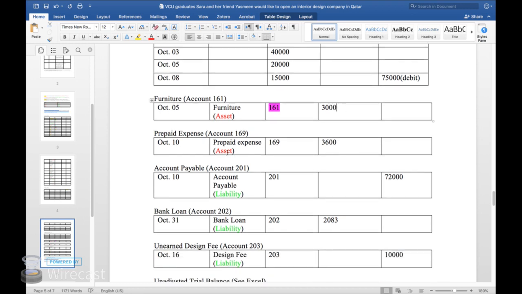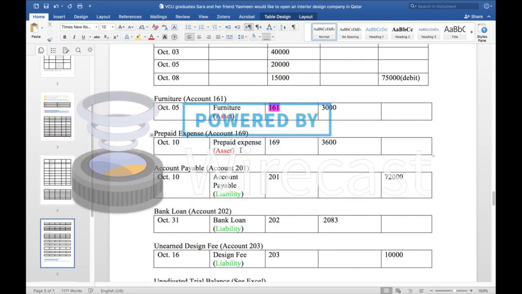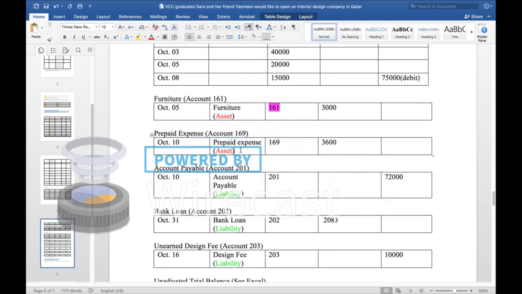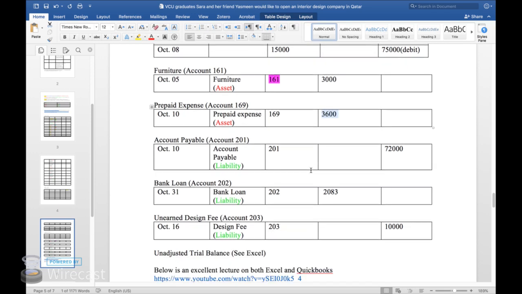We have a prepaid expense, which is the plotter. That is also an asset because we bought the service, just like we bought the furniture. When we bought the service, you paid money and it was converted into our assets. It's recorded as this much.